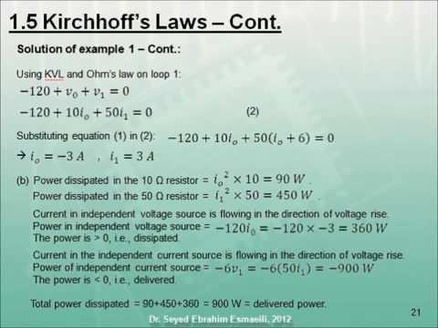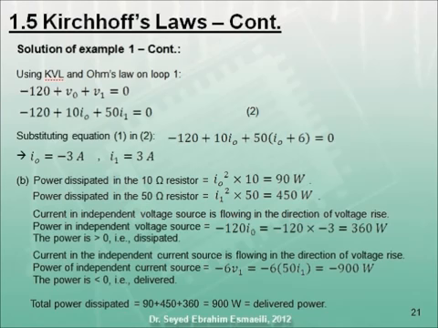In part B, the power dissipated in the 10 ohm resistor is equal to I0 squared times 10, which equals 90 watts. The power dissipated in the 50 ohm resistor is equal to I1 squared times 50, which equals 450 watts. The current in the independent voltage source is flowing in the direction of voltage rise.